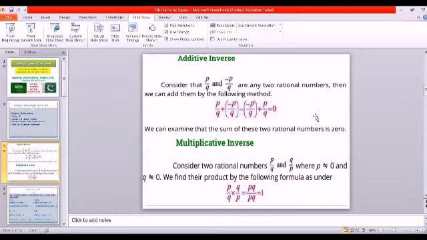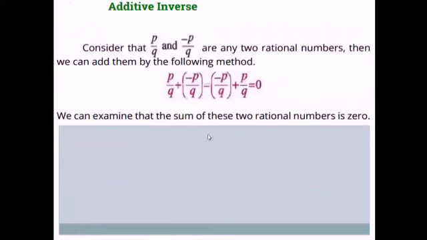For example, if you add minus 2 to positive 2, you get the answer 0. So you say that minus 2 is the additive inverse of positive 2. In simple words, if you add the same number with its opposite sign, plus 3 with minus 3, you get the answer 0.